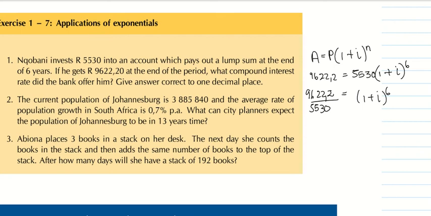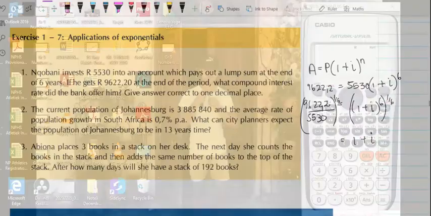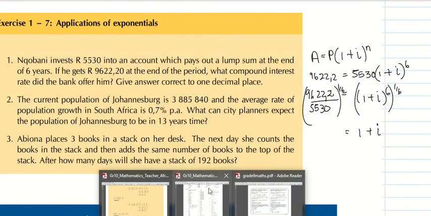Now I want to get rid of the 6, so I'm going to multiply by the reciprocal of 6, which is 1/6. On the right hand side we are basically left with 1 plus i, and on the left hand side we need to work that out quickly.